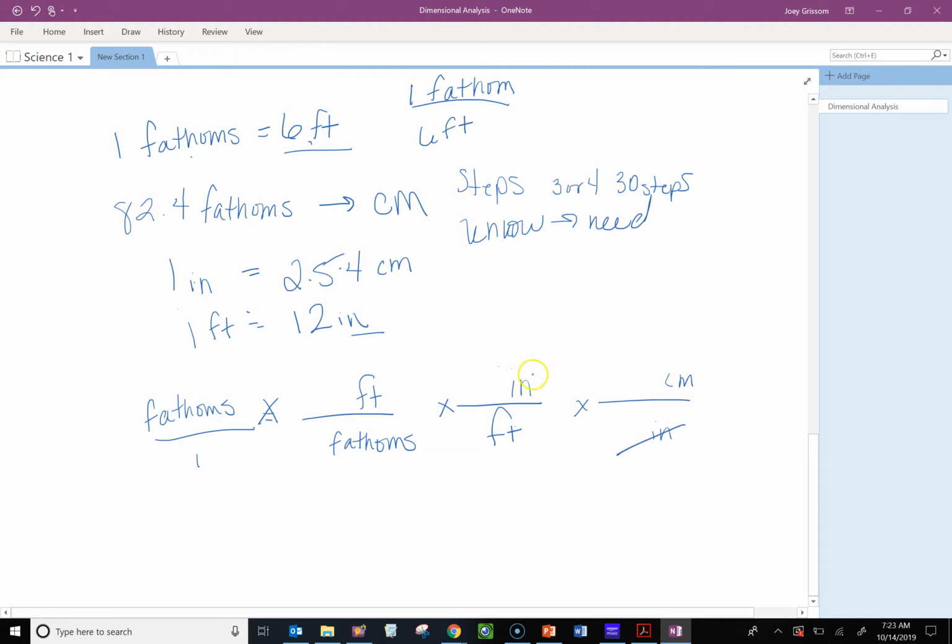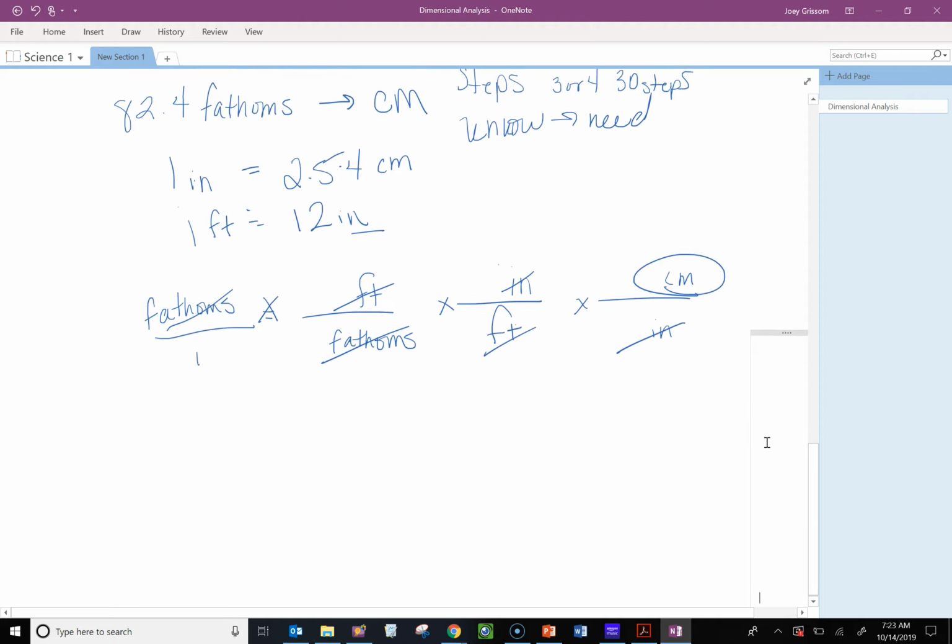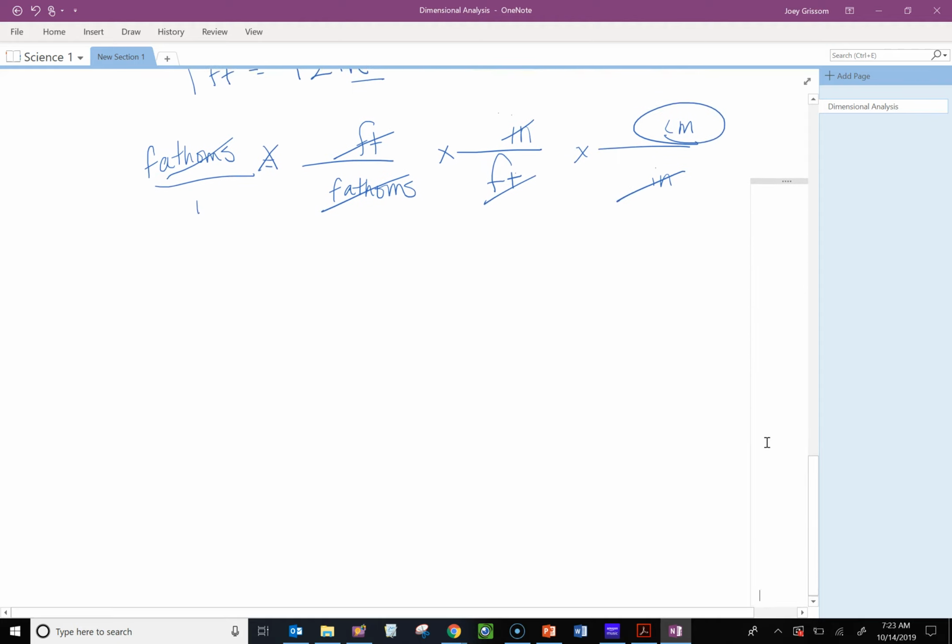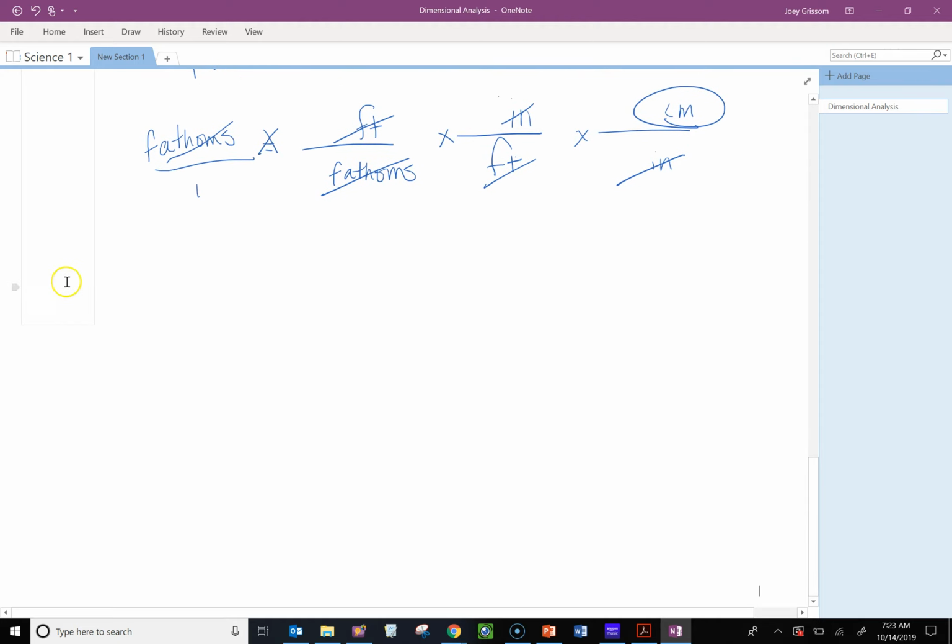So if I look here, all of my units that I don't want cancel out, and I'm left with the unit that I do want, okay? So let's plug that in and do the math. What I like to do is set up the whole thing in one go, and then simplify my fraction, okay? So I'm starting out with, what was it, 82.4 fathoms, set over 1 just to keep my fractions in order.